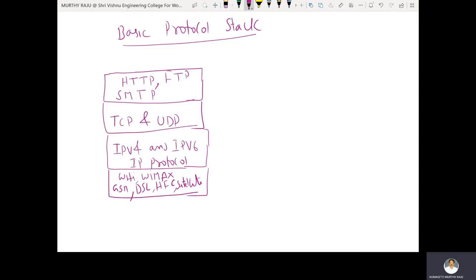Another one is the Universal Mobile Telecommunication System, UMTS. All belong to this.